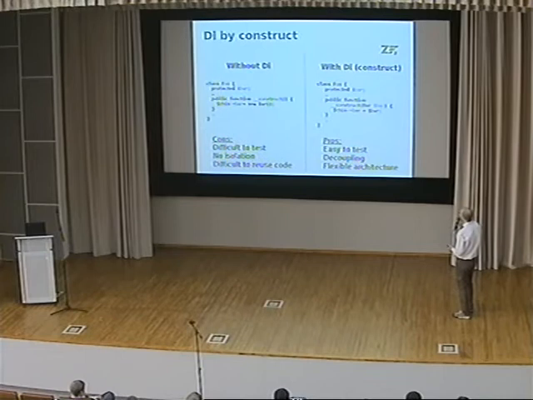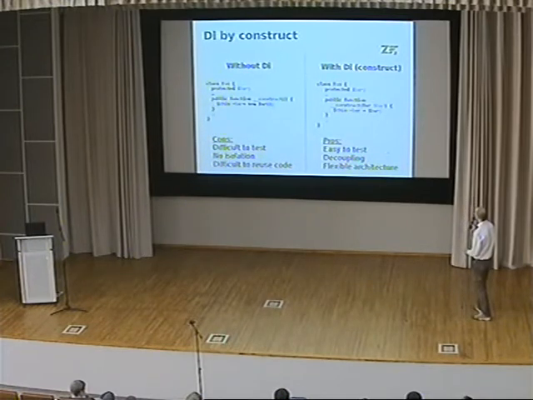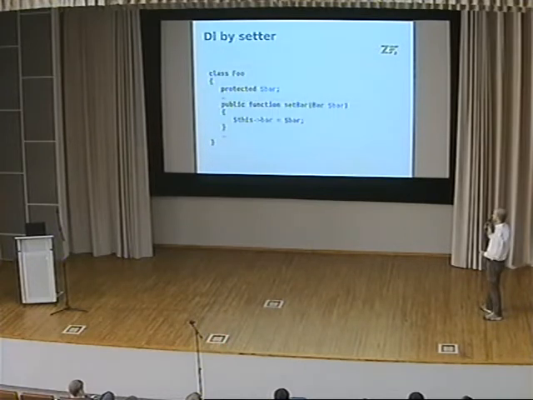So instead of instantiating a new object here, you can just inject the object into the class. Here there is an example in a constructor. So this is better because it's easier to test. We have decoupling, so we separate the two objects, and the architecture is more flexible. Of course, you can do the same using a setter, to inject another object.